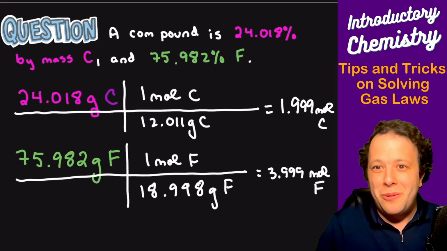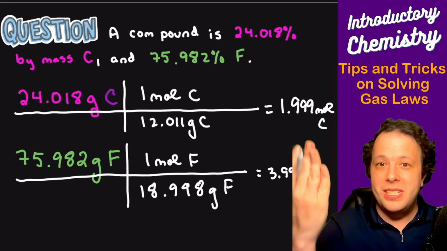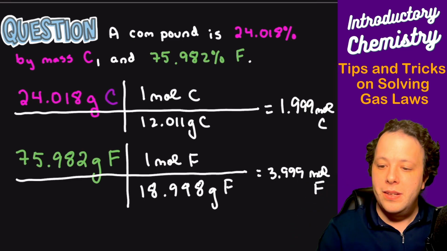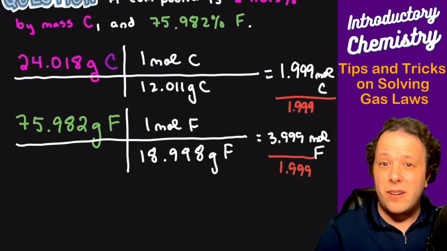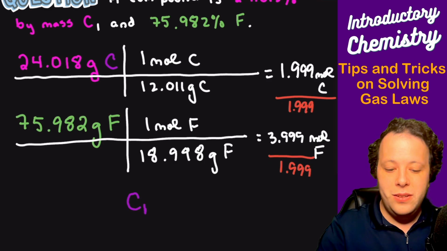So now what? We have to divide by the smallest of the two. We're going to divide by carbon because it's smaller. So when we divide both of these by 1.999, we're going to get our empirical formula, which is going to be C1F2.